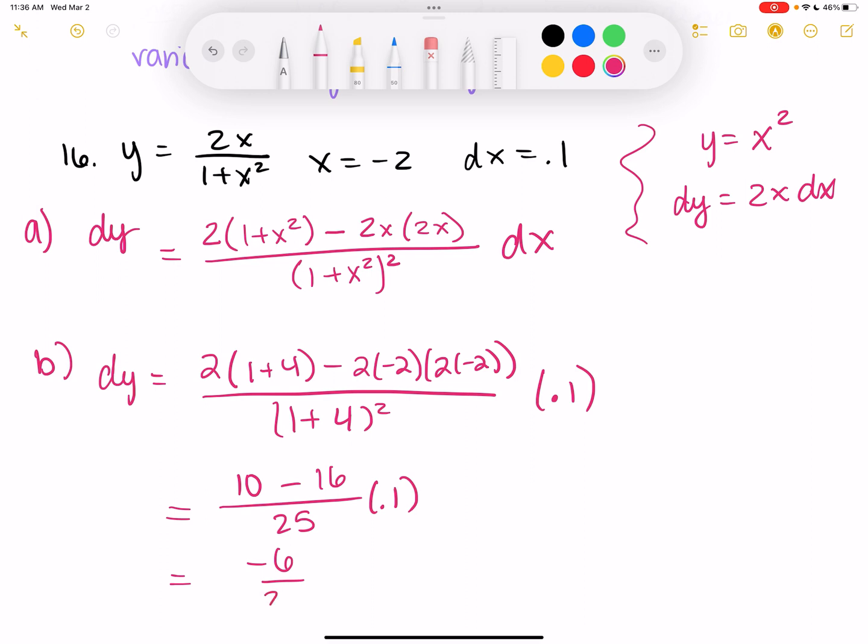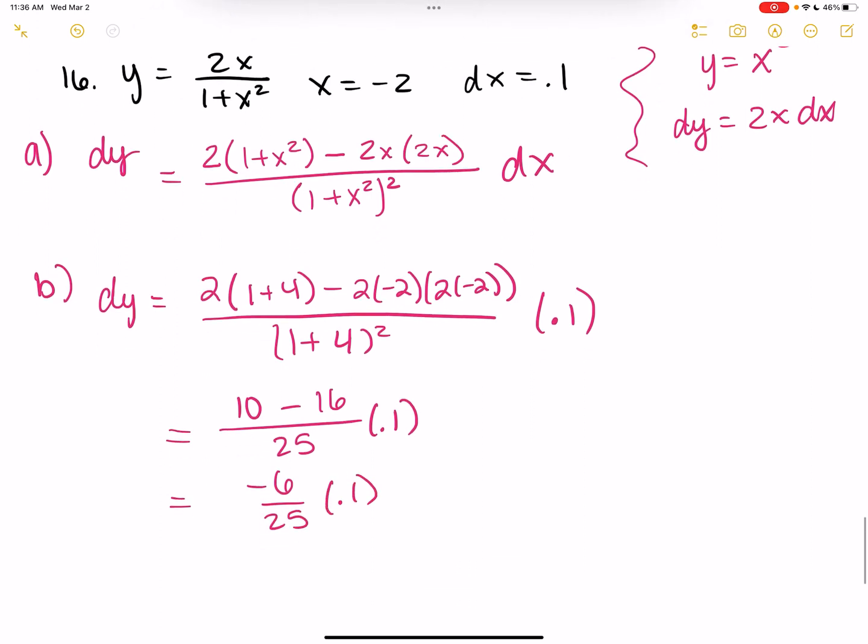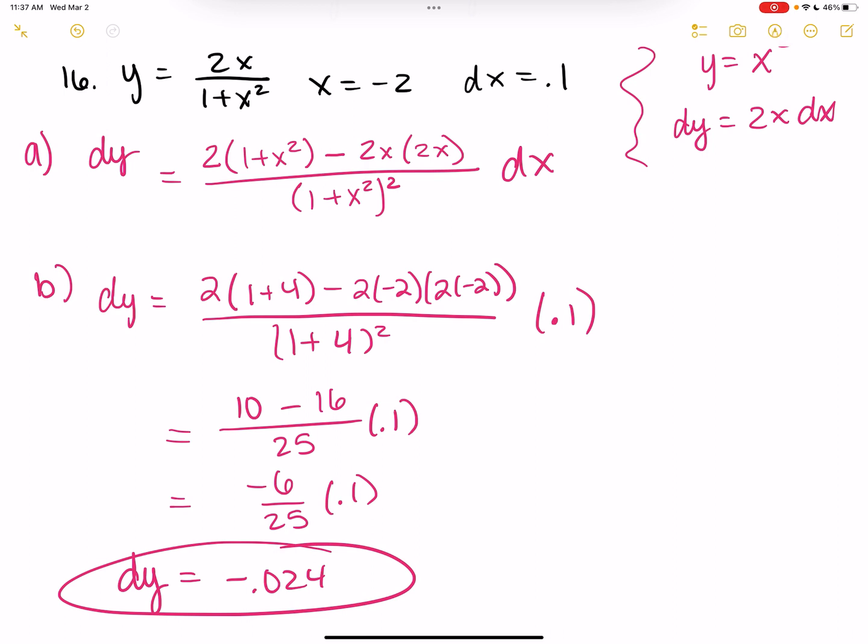Negative 6 over 25 times 0.1. So dy is negative 0.024.